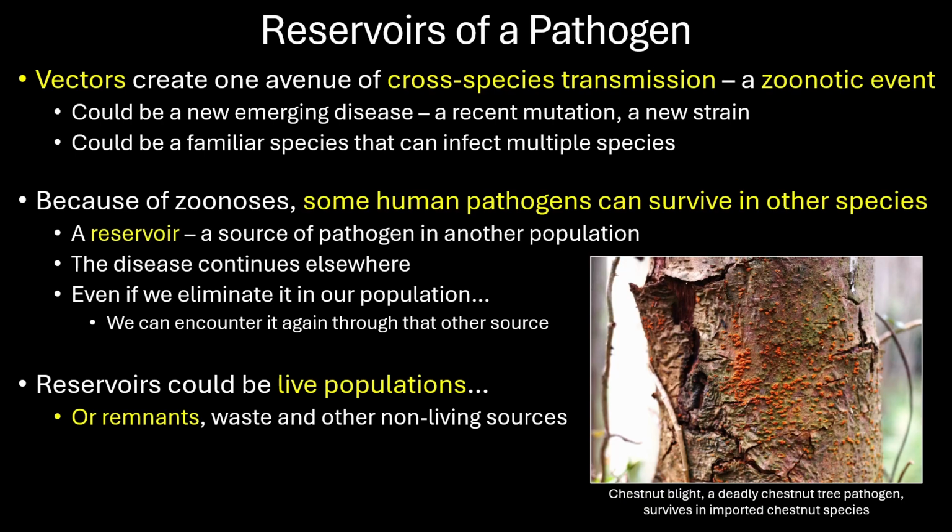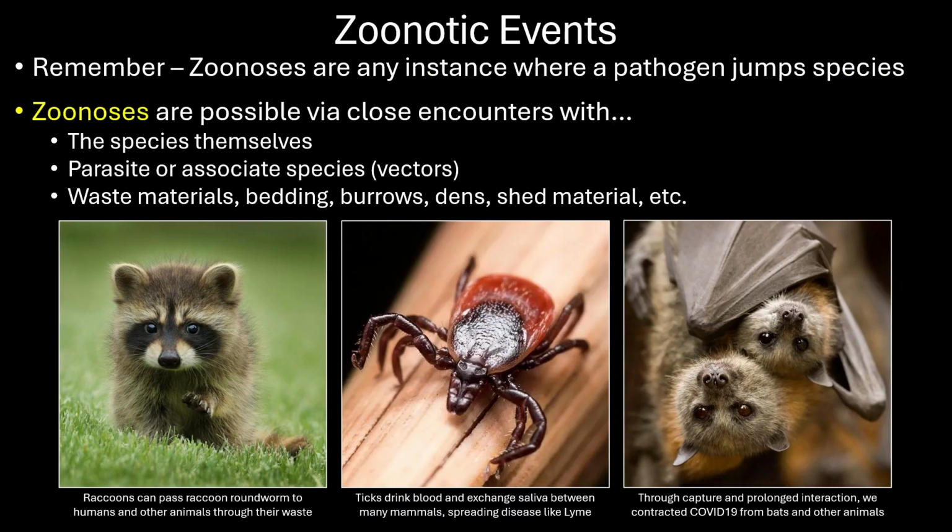And so even if all of the chestnut trees had died in an area and only their stumps remain, it is possible upon reintroduction of those chestnut trees that they could become reinfected through these persisting stumps where that fungus still exists. Now remember this, zoonoses are any instance where a pathogen jumps species.